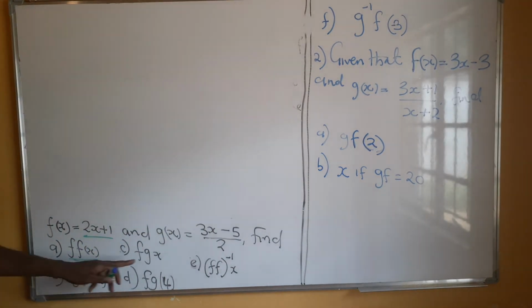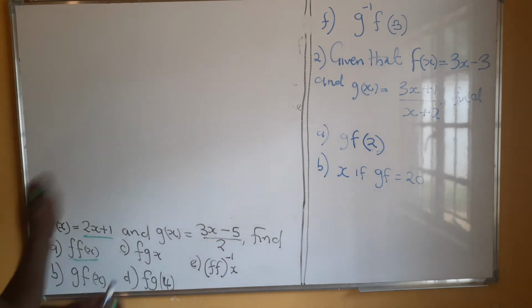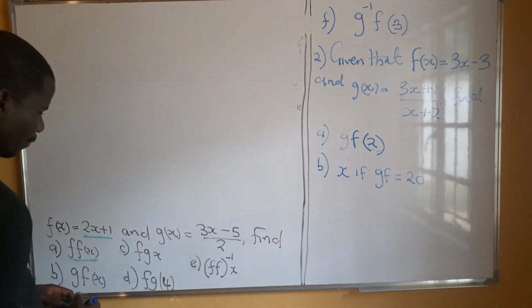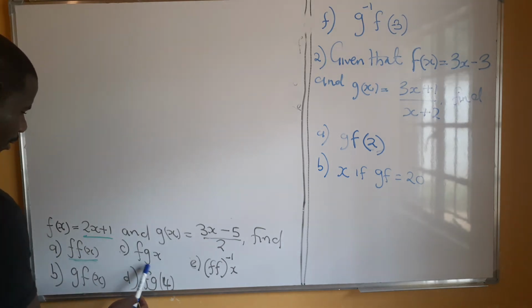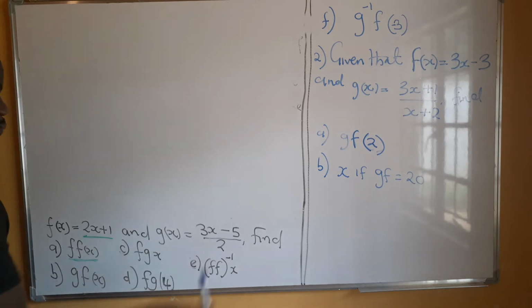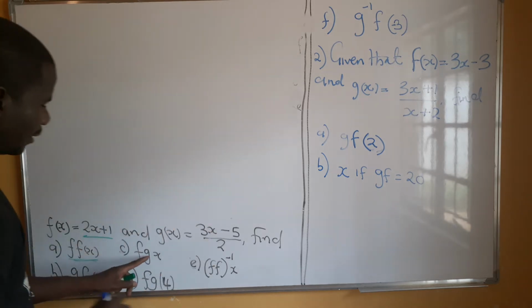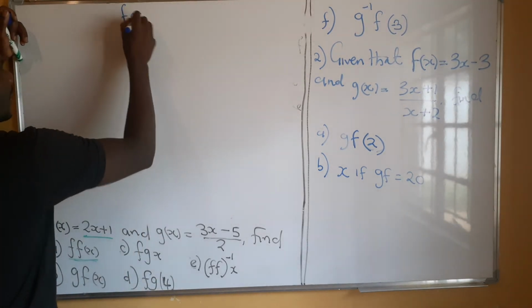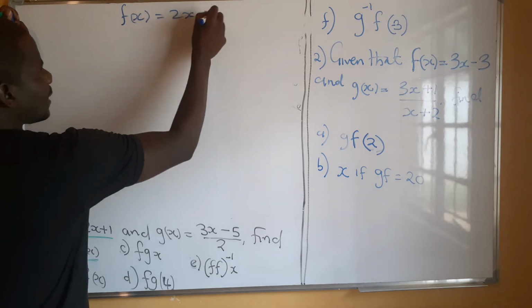So we come to this one now, which is the opposite of the first one. So now it is g that is going into f. Take note that our f is equal to 2x plus 1.